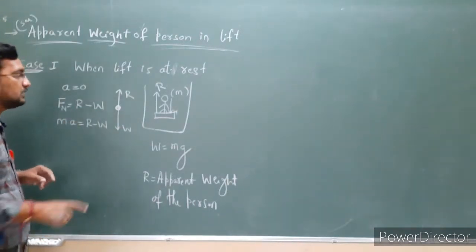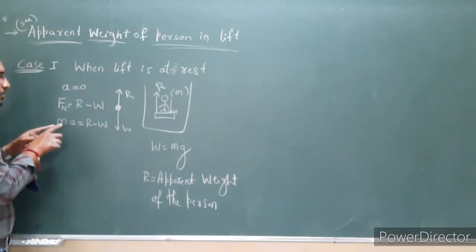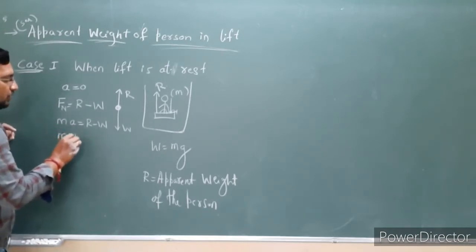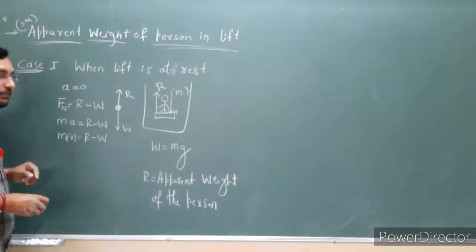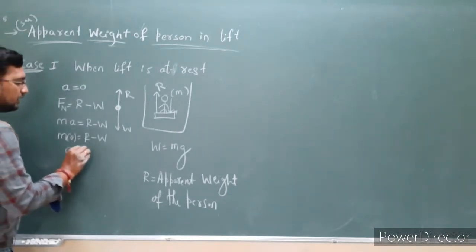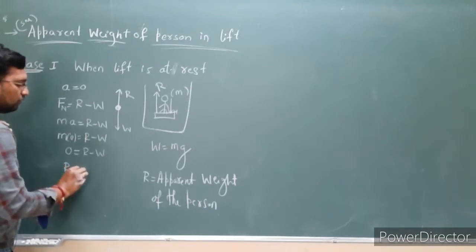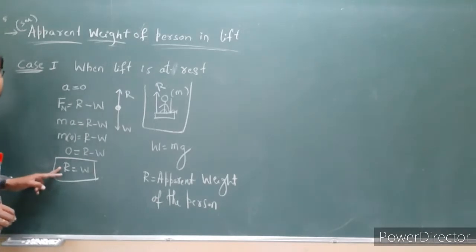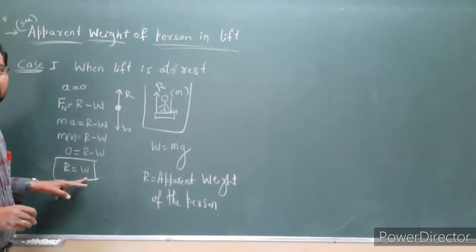The lift is at rest, which means the acceleration of the lift is 0, and mass into 0 is 0. So 0 is equal to R minus W, or R is equal to W. Here R is the apparent weight of the person and W is the actual weight of the person.